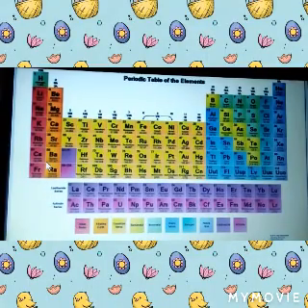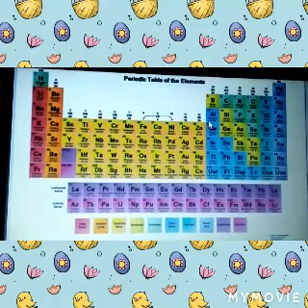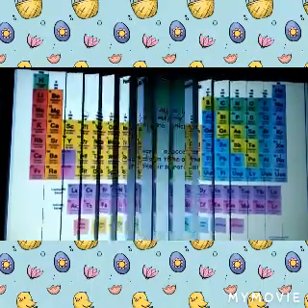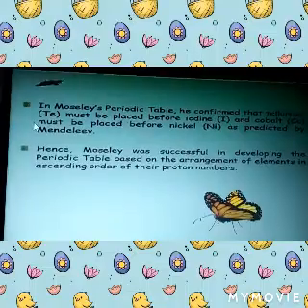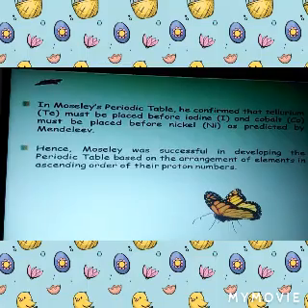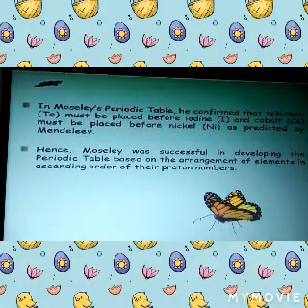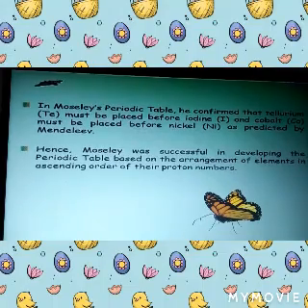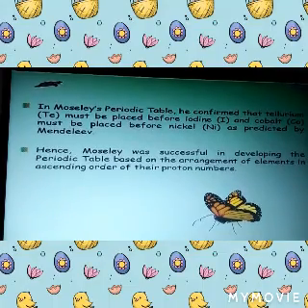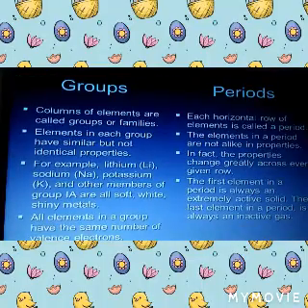Here we can see alkali metals, alkaline earth metals, semi-metals, and this is the d block, p block, s block, etc. In Moseley's periodic table, he confirmed that tellurium must be placed before iodine and cobalt must be placed before nickel, as predicted by Mendeleev. Hence, Moseley was successful in developing the periodic table based on the arrangement of elements in ascending order of their proton numbers, that is, the atomic number.